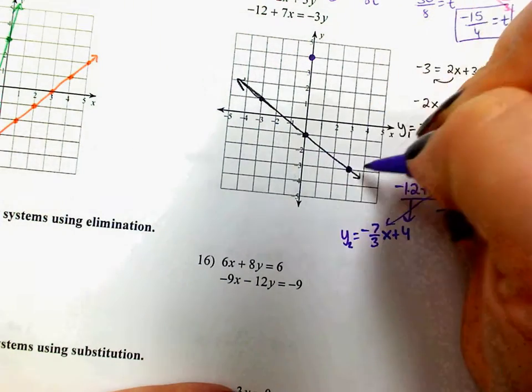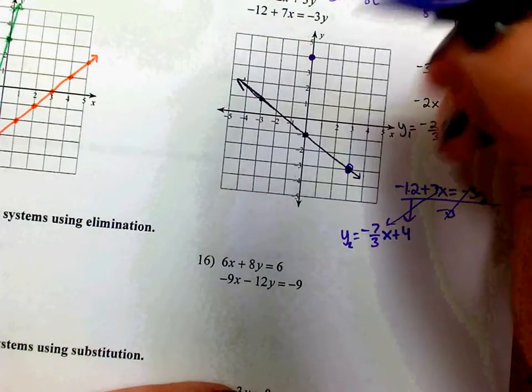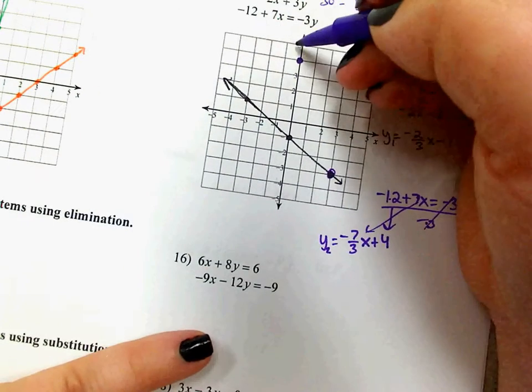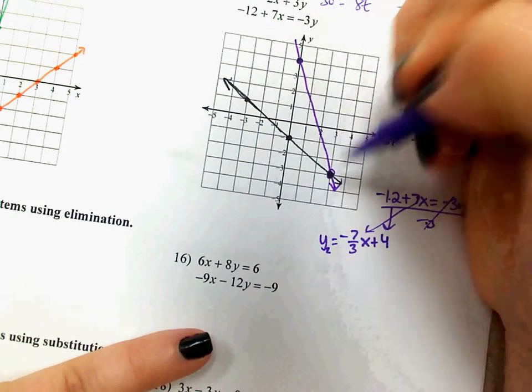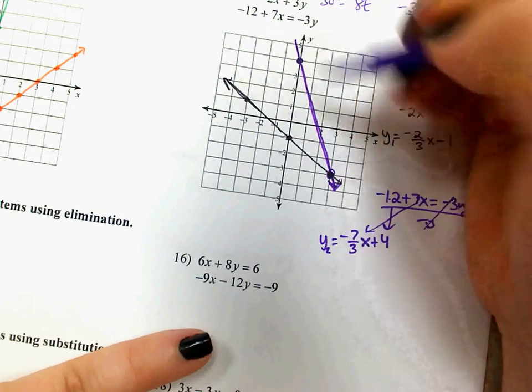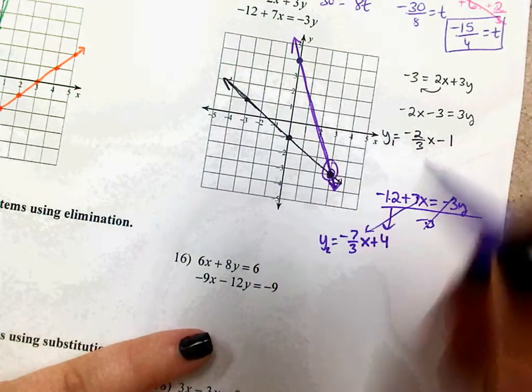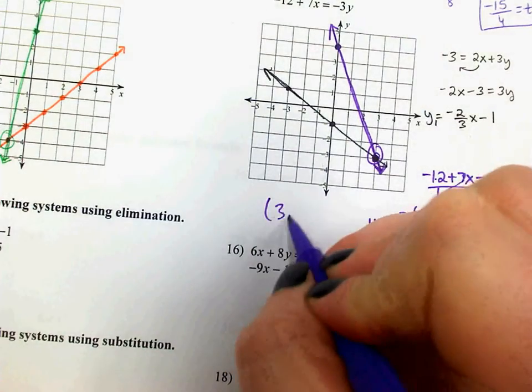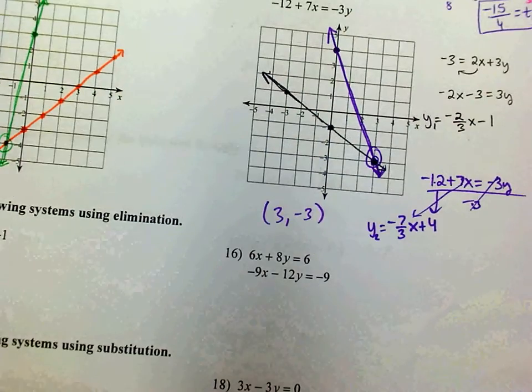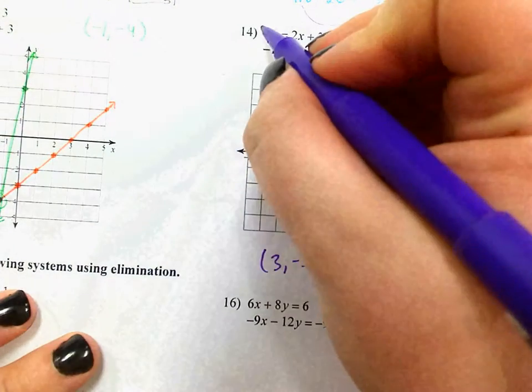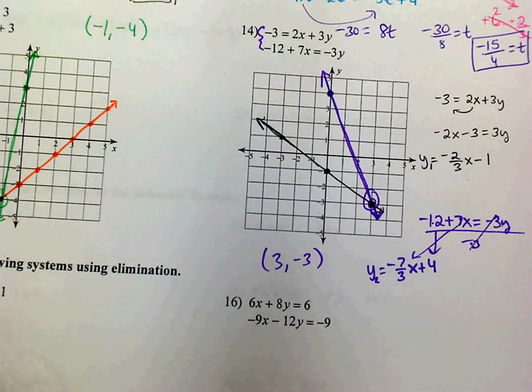Connect. And the point of intersection is 3, -3. So that is the solution to the system when these two equations are both satisfied. It's not always going to be very pretty, and in fact, sometimes what we would have to do is set these two functions equal to each other. And if we did that, we would still get the 3, -3.